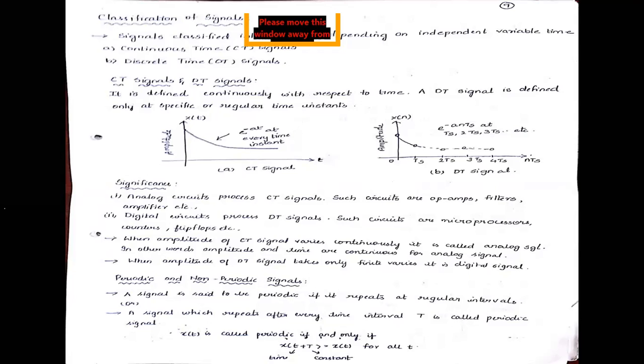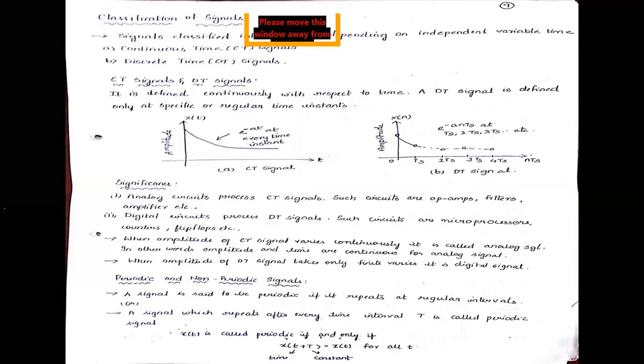Again, at 360 degrees, it is repeating the same thing, and again, plus 360 degrees, it repeats the same thing at regular intervals. Let us take the example of 0 to 90 degrees, where there is one signal with amplitude 1.